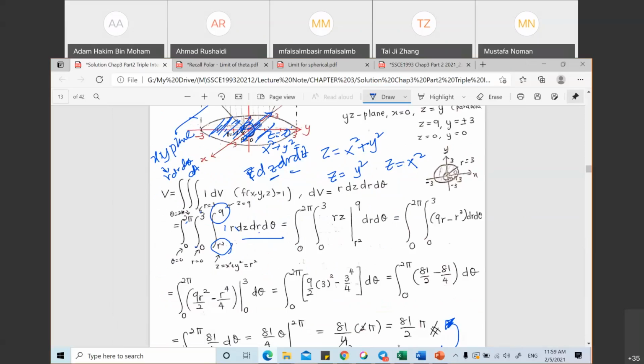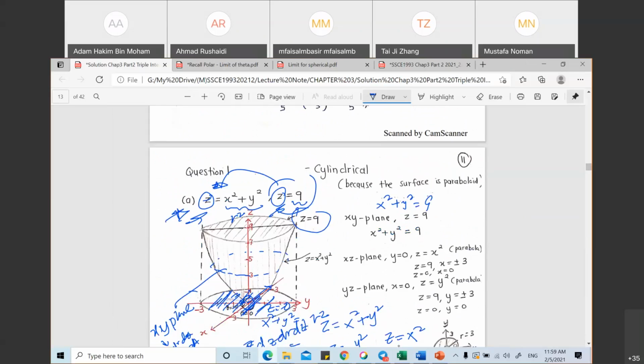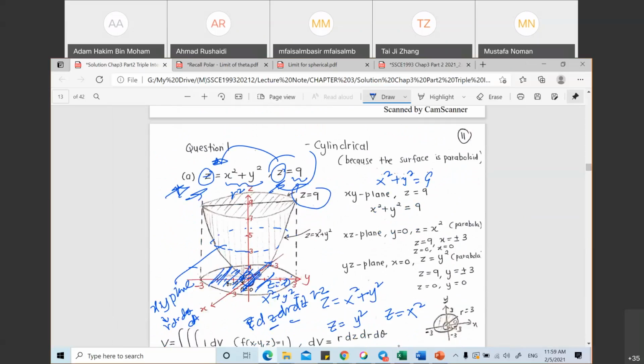That's why we put x squared plus y squared, it is in the question. That's why we have to move to r squared. We cannot put 0 because we don't know the r. I cannot simply put 0.